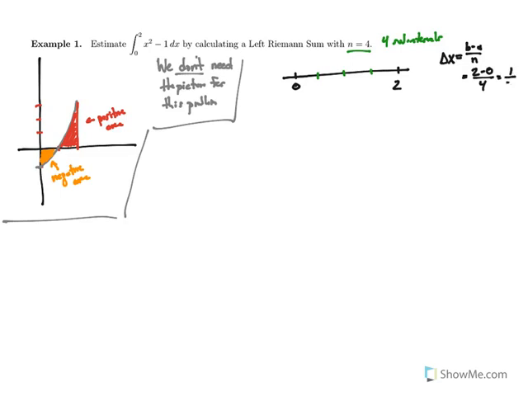That's going to be 1/2. So the width of each interval is going to be 1/2. If we put it all together, we're going to have a 1/2 here, a 1, a 3/2, and a 2. And these are our boundary points that we're going to look at to find function values.